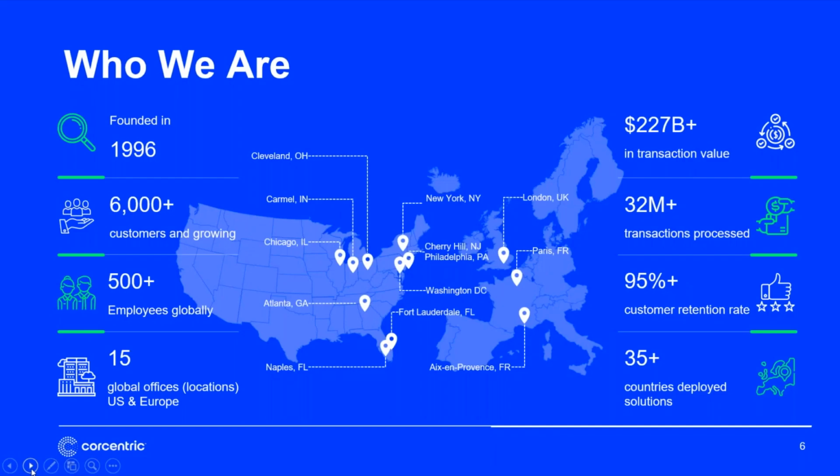If you look at the way we're laid out as an organization, who are we today? We have a number of different locations where we focus on delivering our services and our solutions. Holistically, as part of Corcentric, we were founded in 1996. We've got a very large customer base from a variety of the different solutions that have become part of Corcentric.